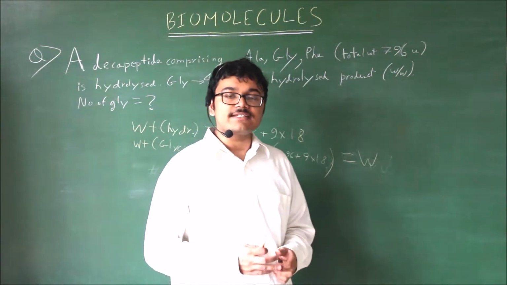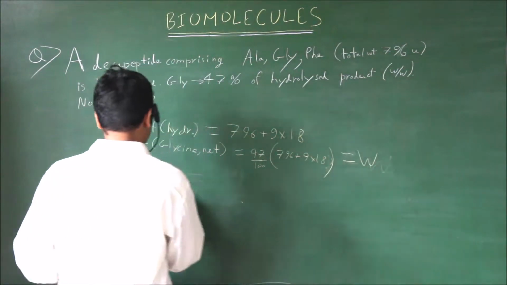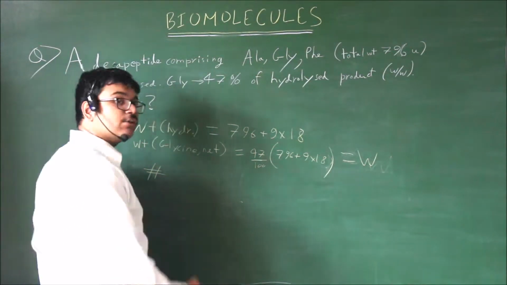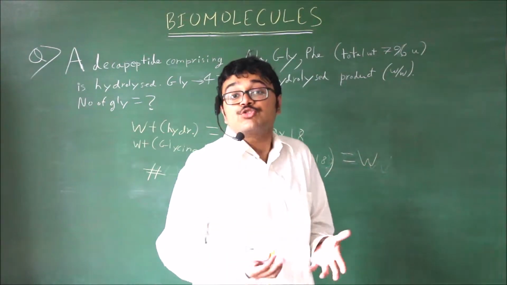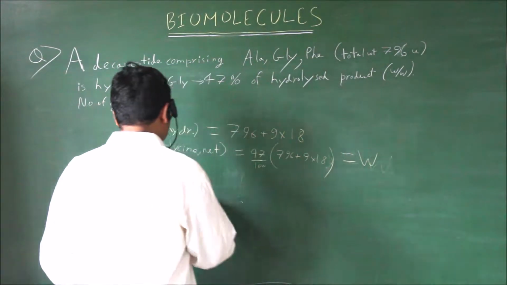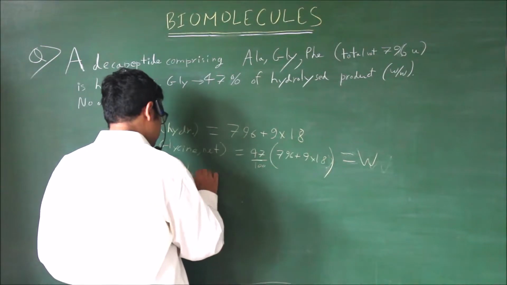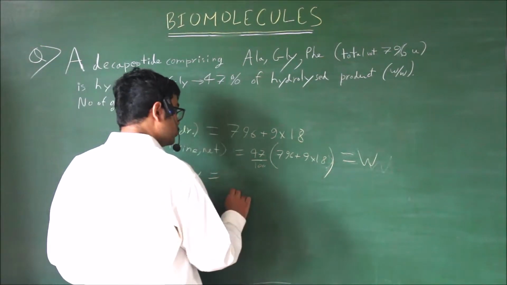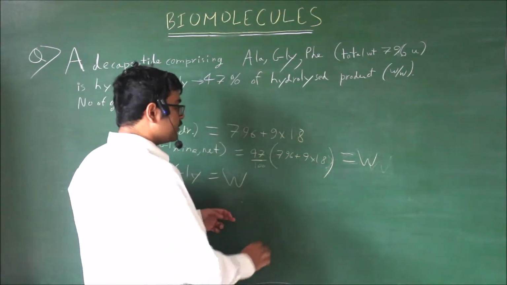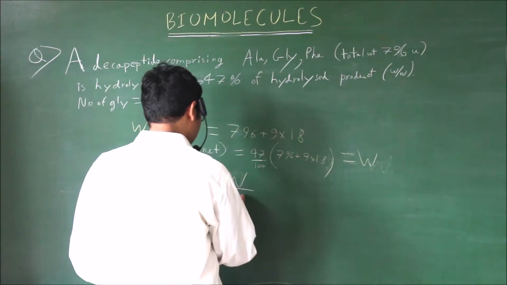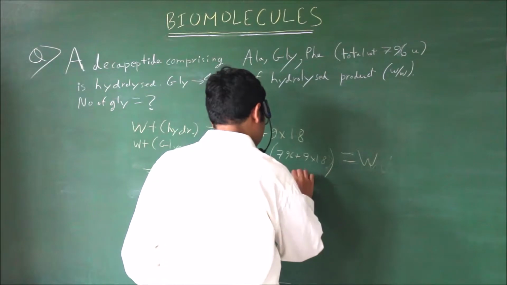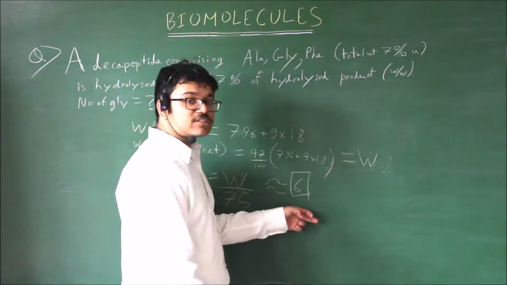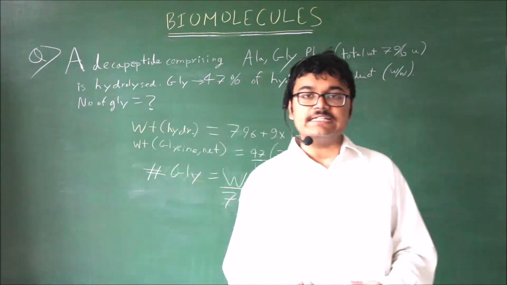The weight of one glycine is going to be 75, which you can calculate by adding up the weight of all the atoms. As it is, the structure of glycine is something that you should be familiar with. So the number of glycines is equal to this quantity W, divided by 75. This will approximately come out to be 6, which is the answer to this integer type question.